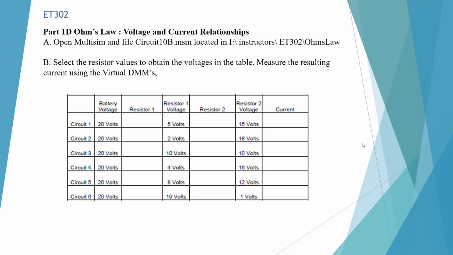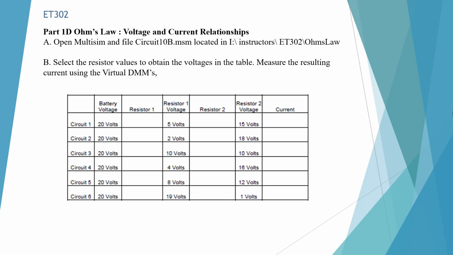Here in part 1D, what we're going to do is use Kirchhoff's law, and the total voltage is equal to the voltage of both the elements in this case, because we have 2 series resistors.